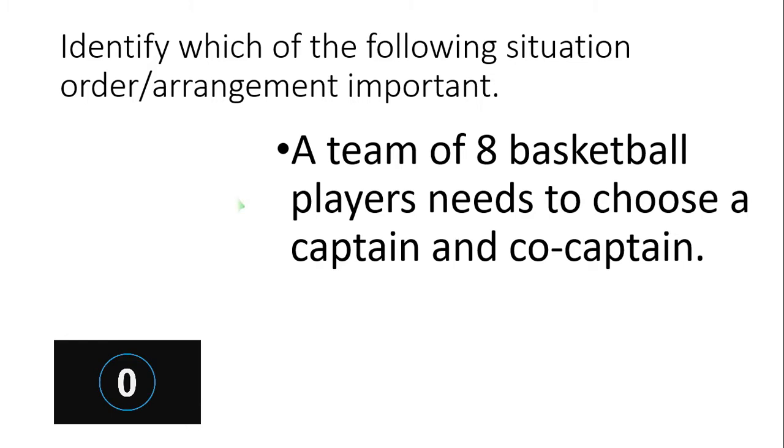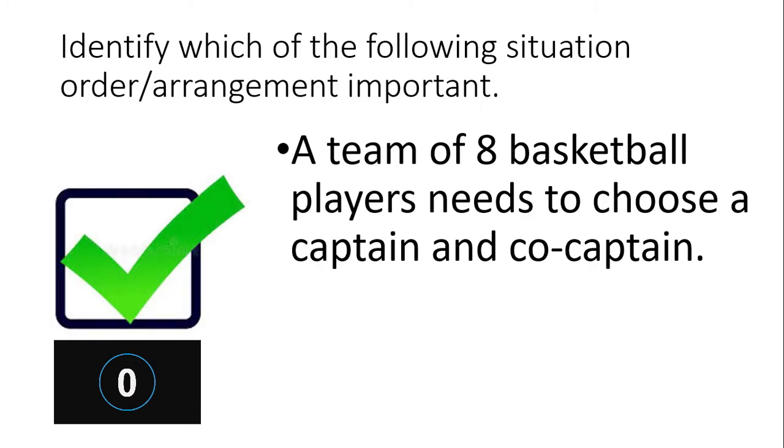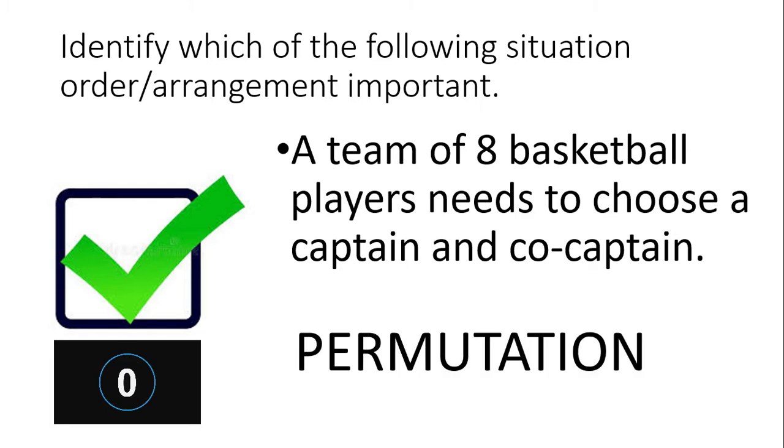This scenario involves permutation because there is a distinction of roles between captain and co-captain. This implies whoever is chosen first will be the captain and whoever is chosen next will be the vice captain.